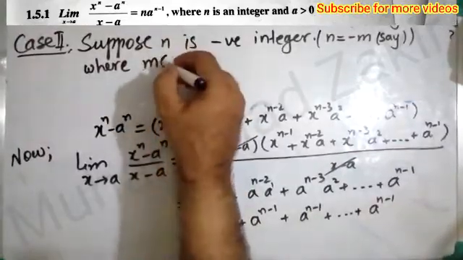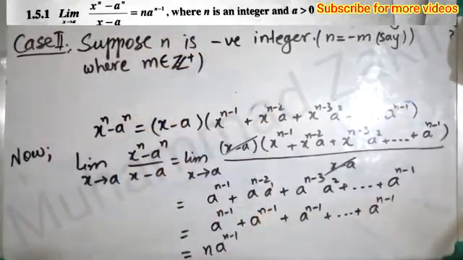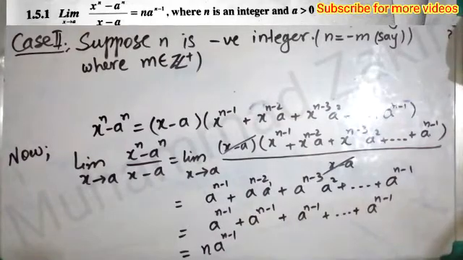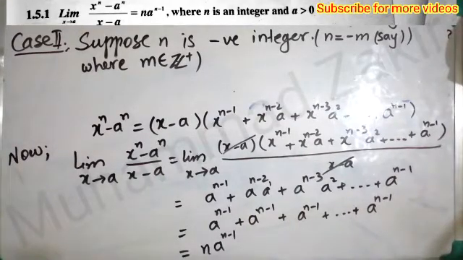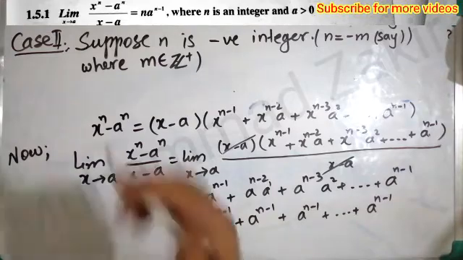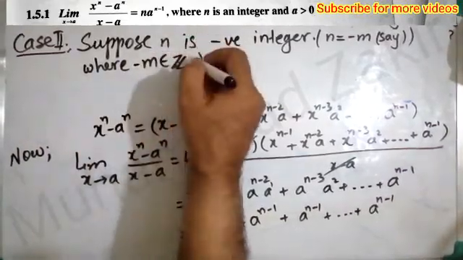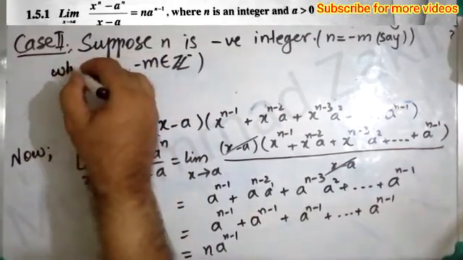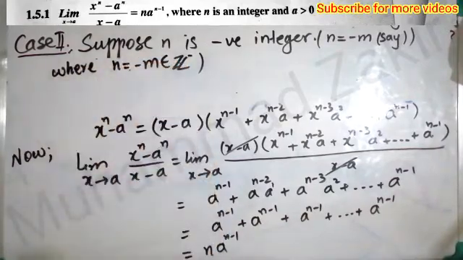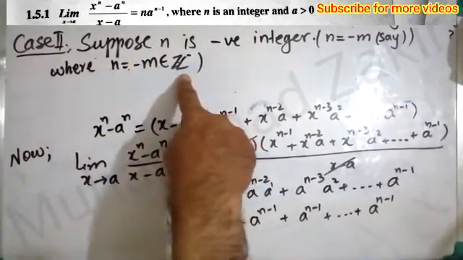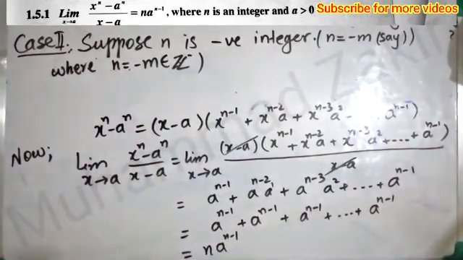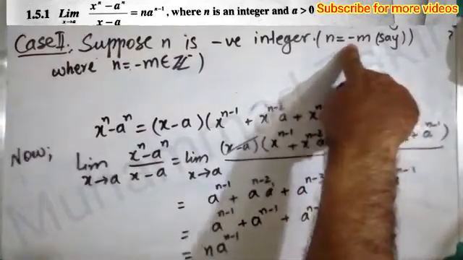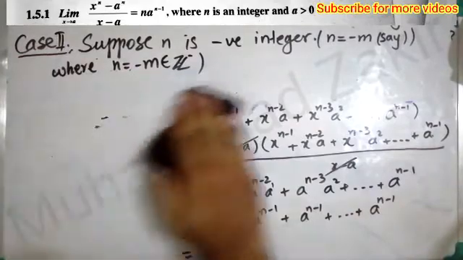We can write that n belongs to this set, the positive integer set elements with a minus sign, meaning minus m belongs to the negative integer set. Minus m is the value of n, where n is equal to minus m, and this belongs to the negative integer set, so it is a negative integer. We have to keep m positive because positive m will have a negative sign, so then it will be a negative integer.